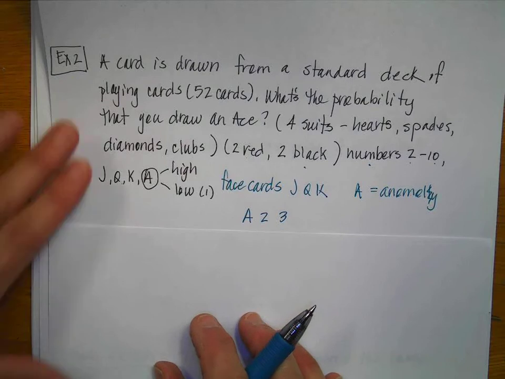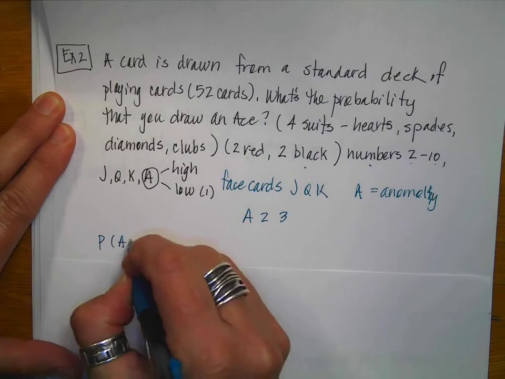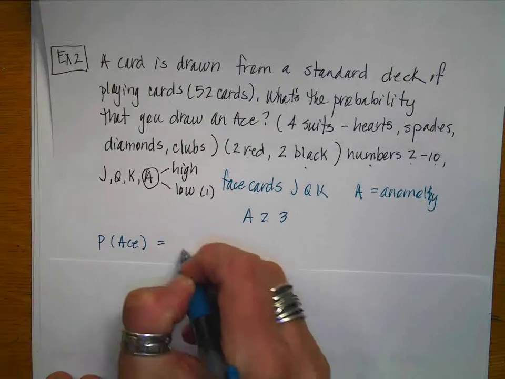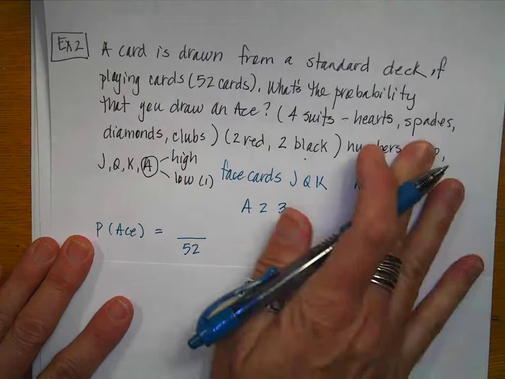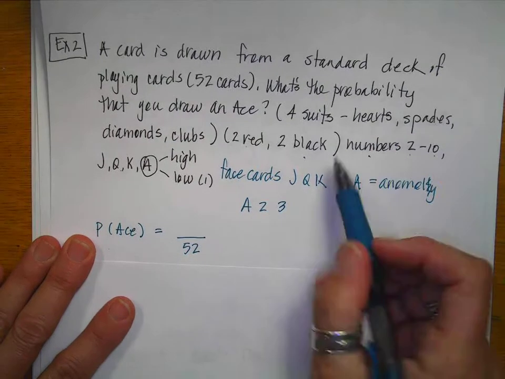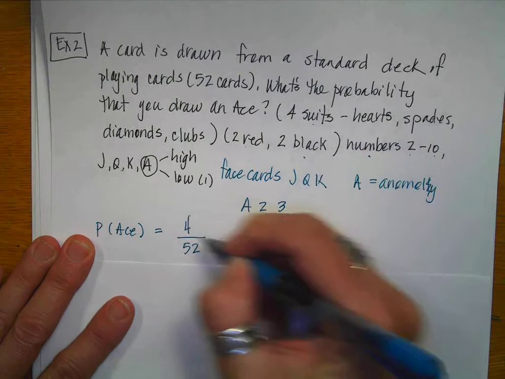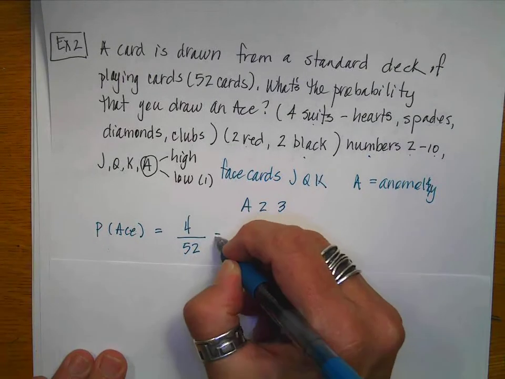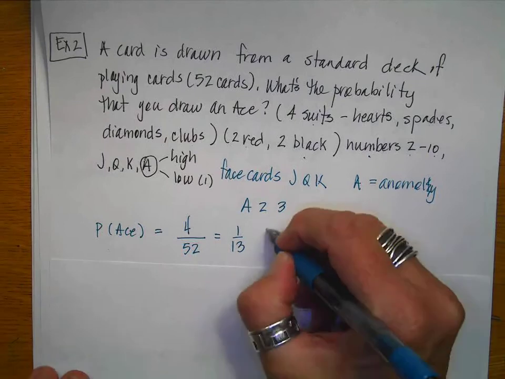So the question says, what's the probability that you draw an ace? So we're looking for the probability of an ace. Well, the total number of events are 52, and there's an ace in each suit, so there would be 4 potential aces. In probabilities, you always need to reduce your fractions.